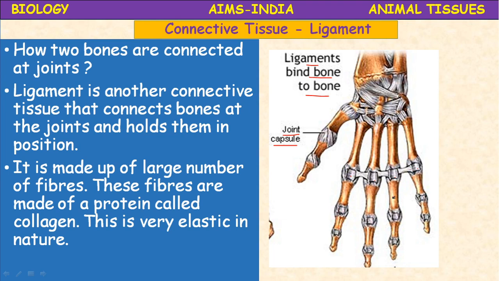All the joints contain ligaments. So these ligaments attach one bone to another. They are made up of yellow elastic connective tissue and have strength and elasticity.